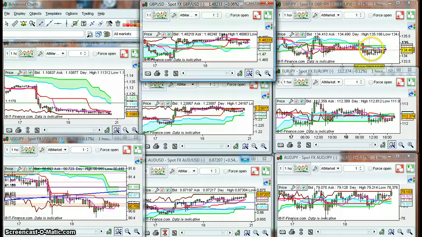But compared to the yen, we're completely under the cloud. We took the same chunk out. Everyone took that same chunk out on the 17th, but at a slightly later date, because the yen took it out a few hours later. So now we're looking, how is it handling that high? It hasn't got anywhere near it.